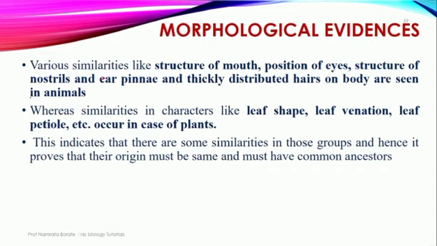Okay, thickly distributed hairs on body, it is seen in case of the animals. Means all these characteristics are similar, whereas similarities in the characteristics like the leaf shape, leaf venation, leaf petiole, it is occurred in case of the plants. This indicate that there are some similarities.